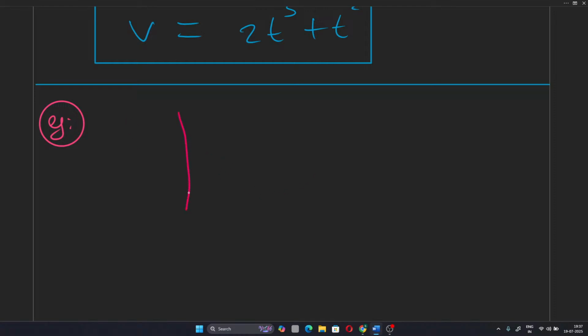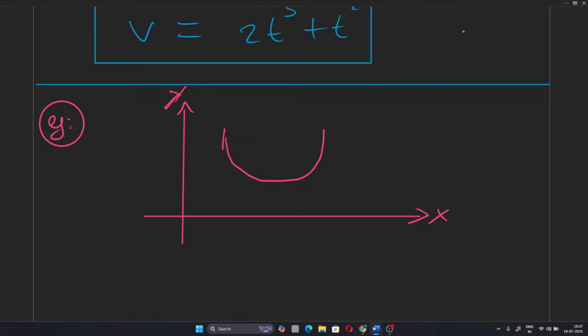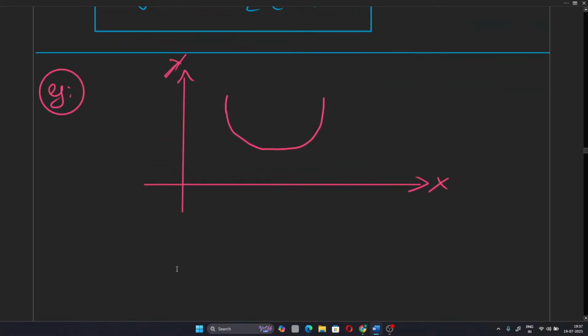They showed a graph with x and y axes. They're asking what this graph says.